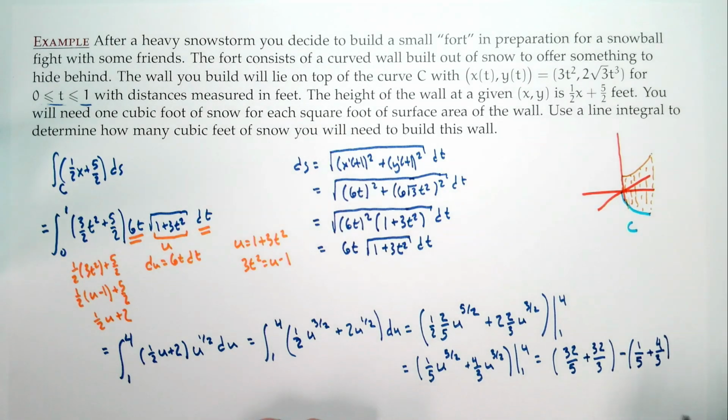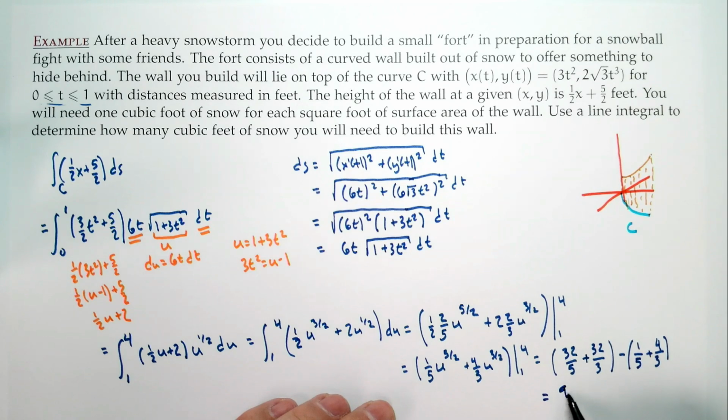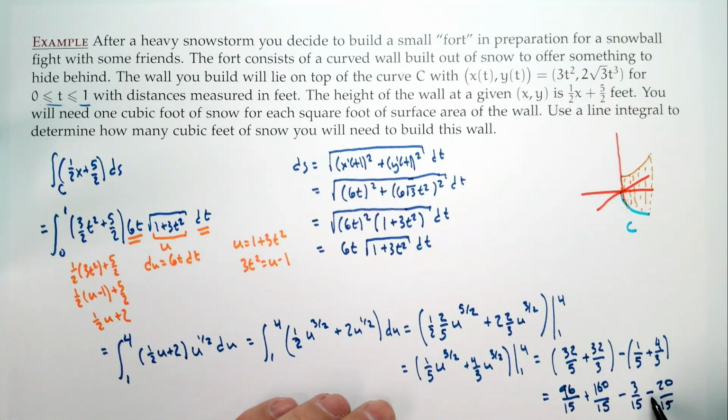Well, common denominator would be 15. So we get 96 over 15 plus 160 over 15 minus 3 over 15 minus 20 over 15. And you're probably wondering, where did that minus come from? Well, don't forget, that minus goes through.